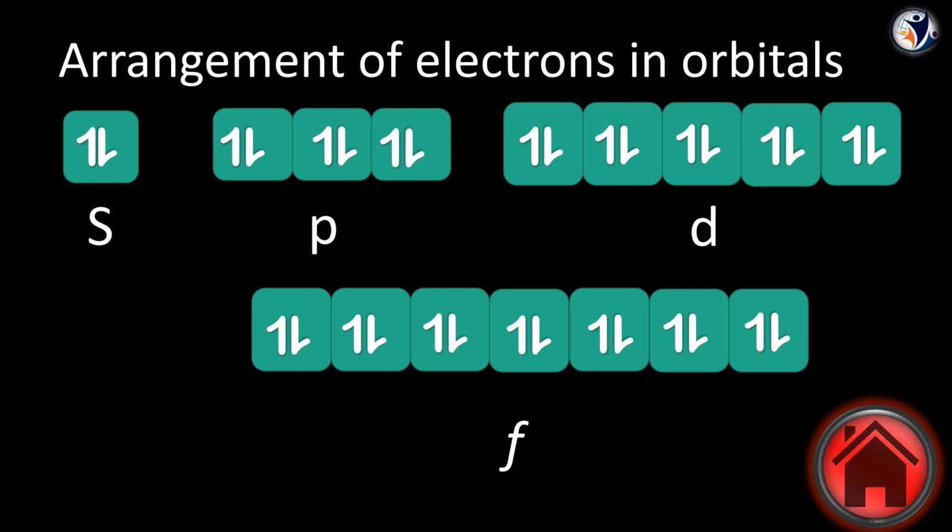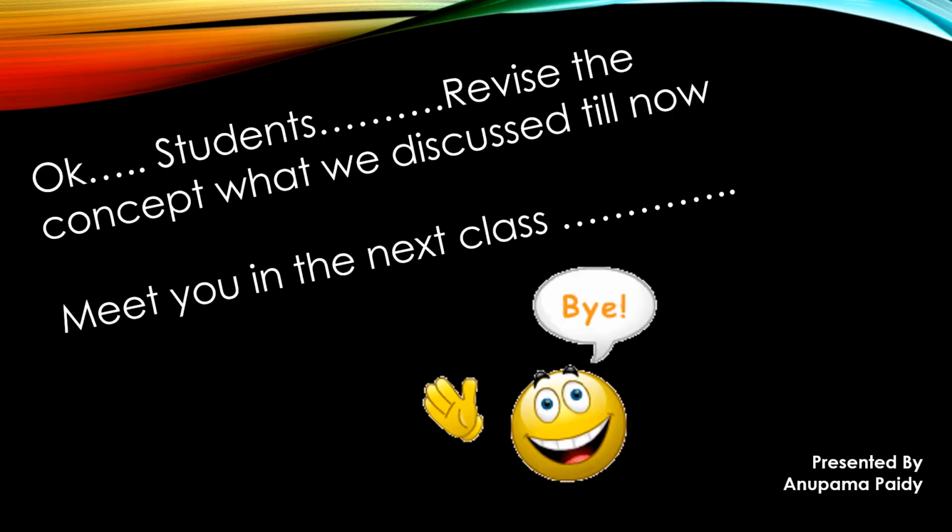Maybe you are wondering, ma'am, why should all orbitals be filled singly first? Why not with pairs? To understand that, there are some principles behind it, children: Pauli's exclusion principle, the Aufbau principle, and Hund's rule.